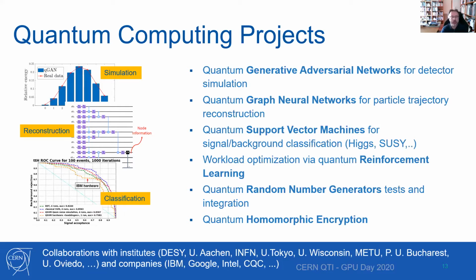And we are also looking in the future at special application of quantum technologies for classes of problems that are not typical of HEP, but might have a very important impact in terms of science and also on practical applications like encryption, like security.